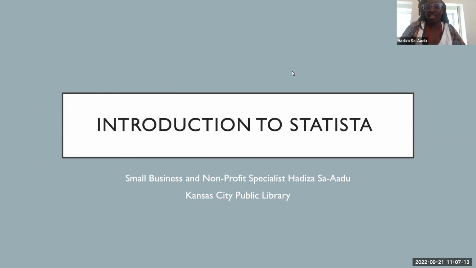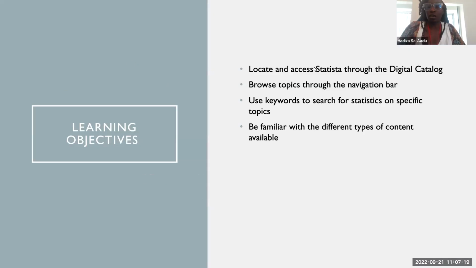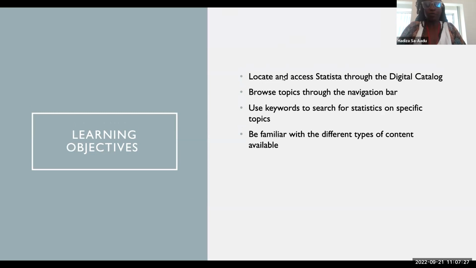Just before I hit record, we had gone through four learning objectives, which I'll repeat now. The first is, by the end of this session, you should be able to locate and access Statista through the digital catalog.